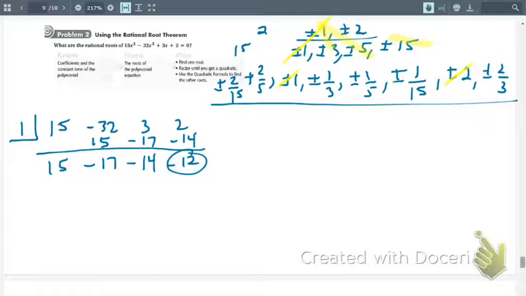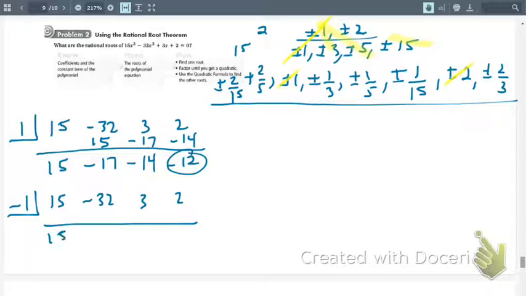So let's try negative 1. So 15, negative 32, 3, 2. Bring down the 15, and we get negative 15. We get negative 47, positive 47, 50, negative 50, negative 48.